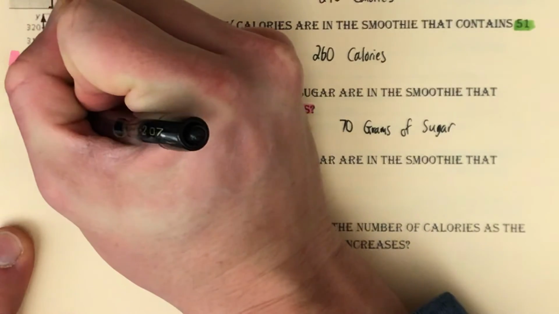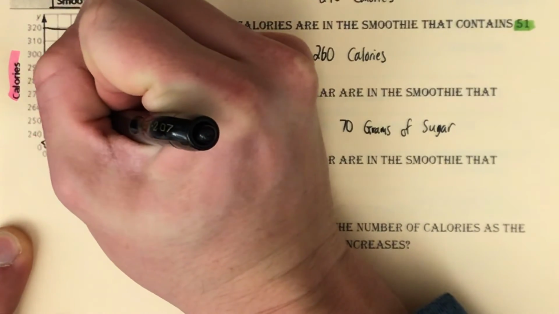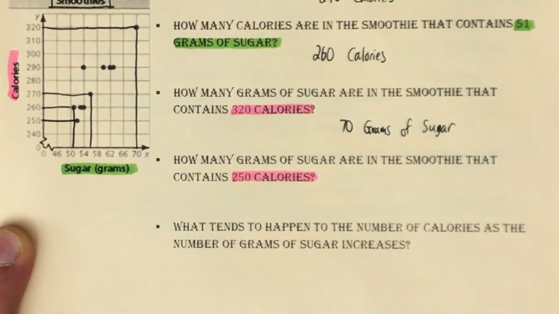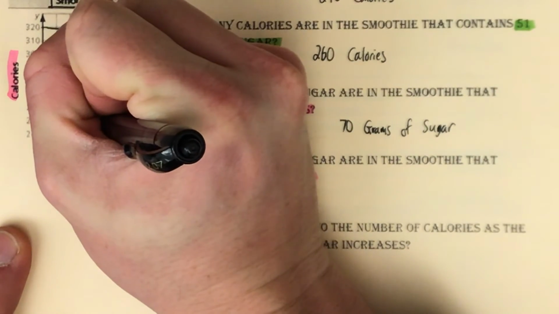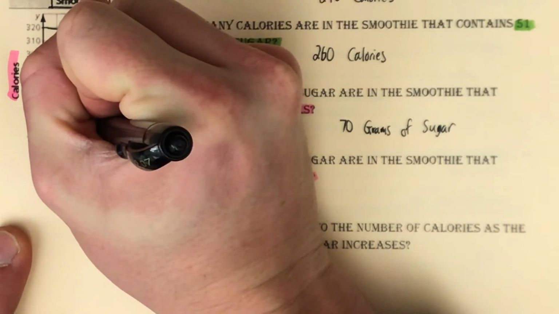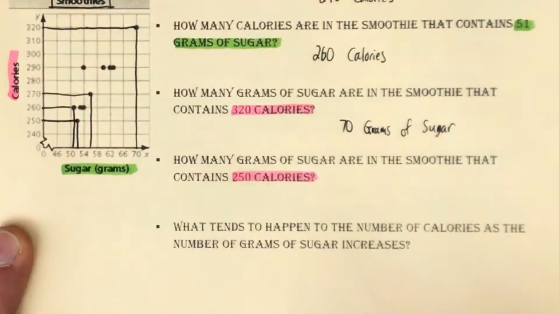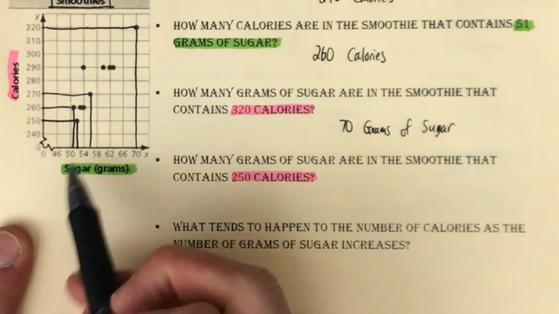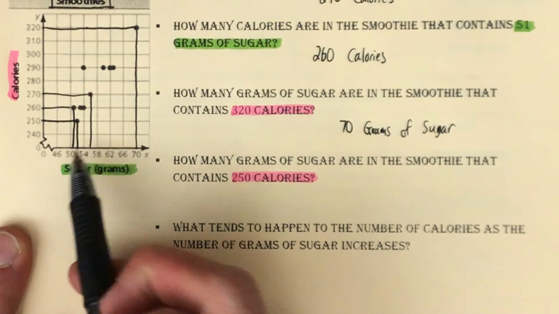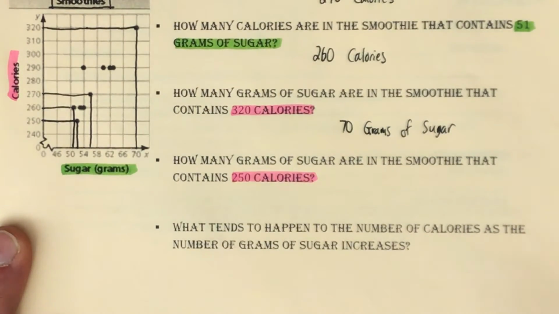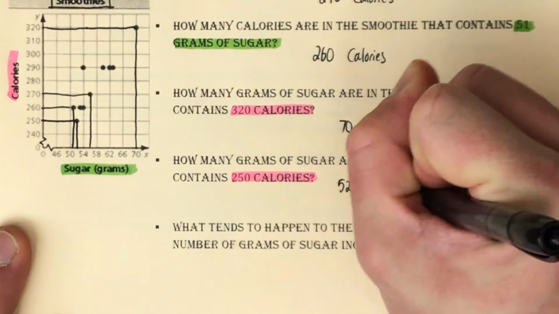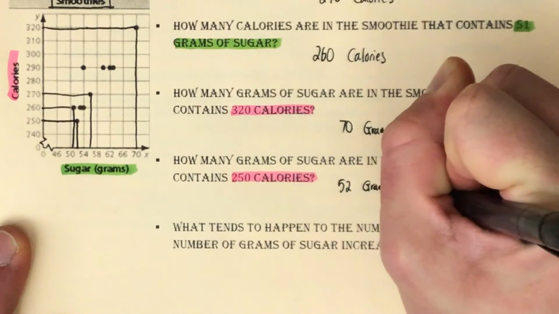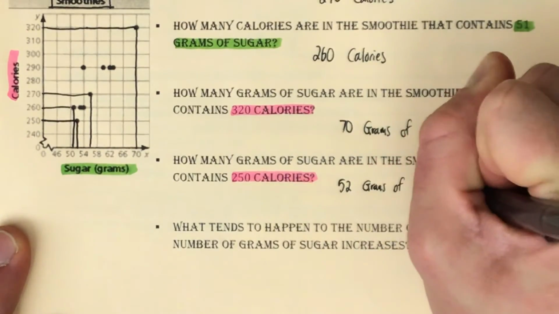And then I'm going to draw my line until I hit my dot, my plotted point. So there it is. Now I need to go down, and I'm going to use either my eyes or draw down until I've hit where it is. Well, this one doesn't hit directly on a line, but it hits pretty much right in the middle between 50 and 54. So I think it would be a safe thing to say that this is at 52 grams of sugar.